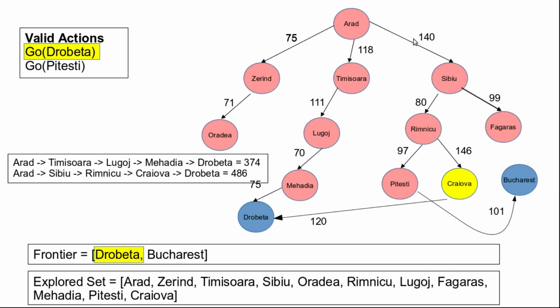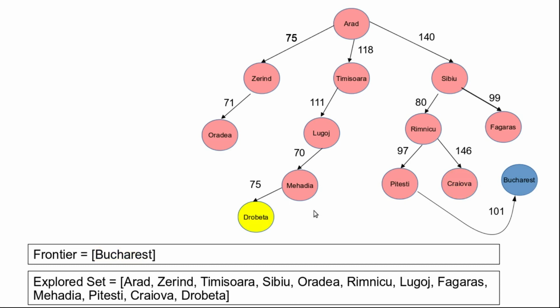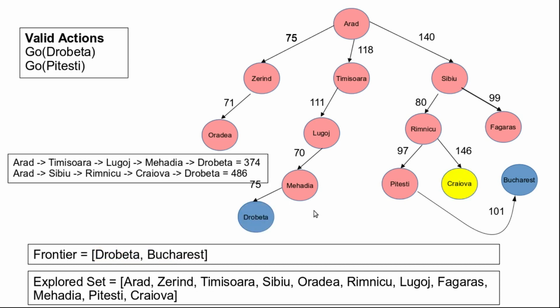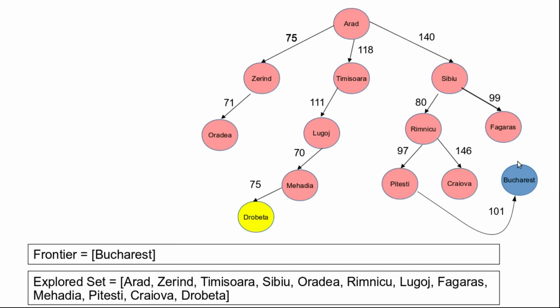So we'll keep that one and we'll discard the new path that we had discovered. And now if we calculate the G value, the G value will result in Drobeta having the smaller value from Bucharest, and hence the next node that will be selected will be Drobeta.